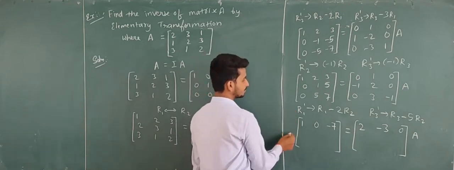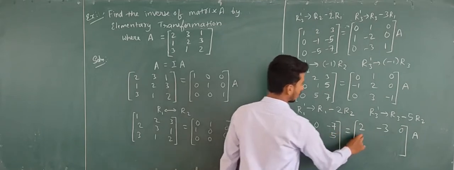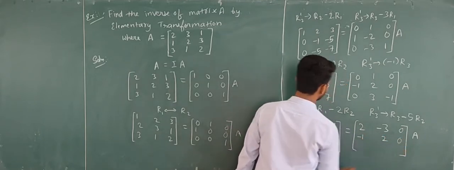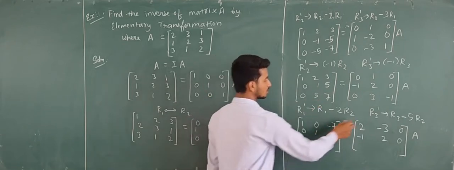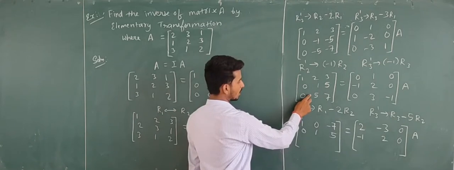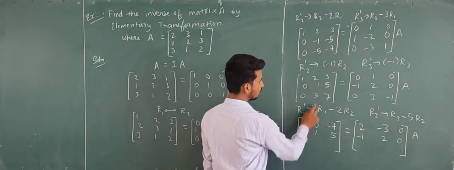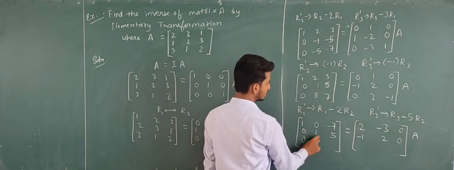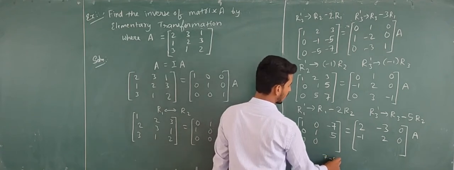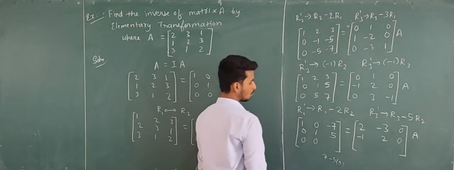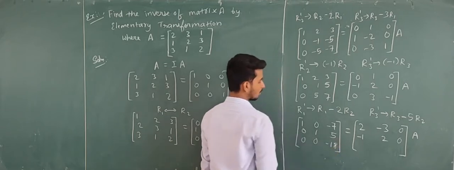Now the second row we can write as it is, 0 1 5, minus 1 2 0. Next you have to change the third row, that is R3 dash changes to R3 minus 5R2: 0 minus 0 is 0, 5 minus 5 is 0, and next 7 minus 5 into 5, that is 7 minus 25, is minus 18.